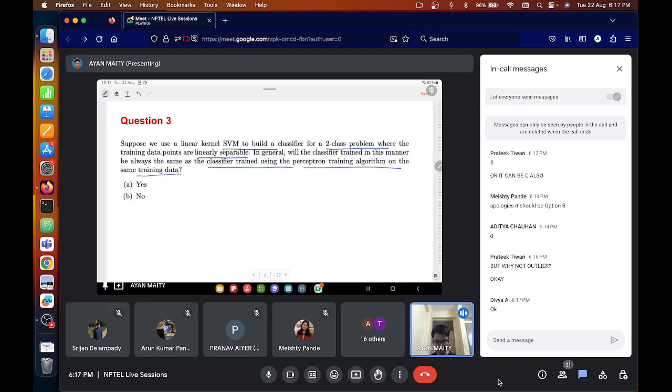So we are using SVM for a 2-class classification problem, and the data points are linearly separable. Will the classifier trained using SVM and the perceptron training algorithm be the same? You have to answer yes or no.